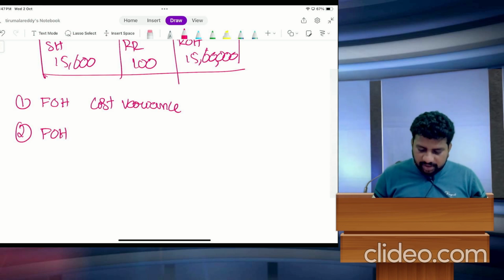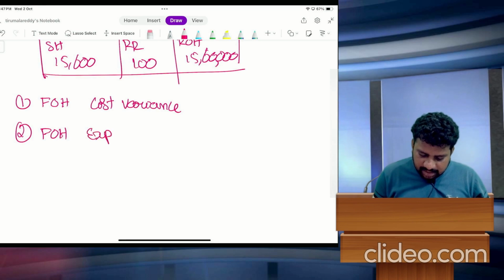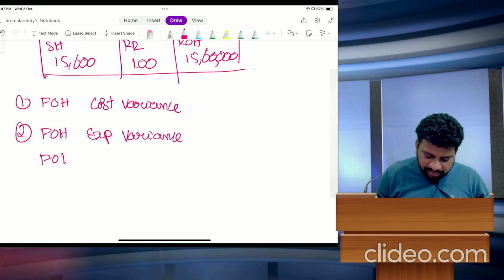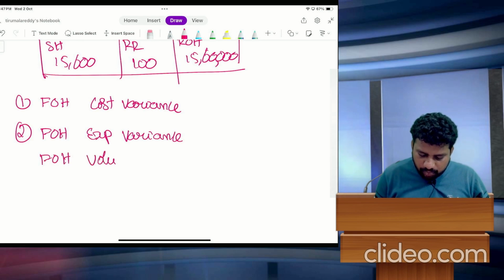Second one, fixed overhead expenditure variance. Next one, fixed overhead volume variance.